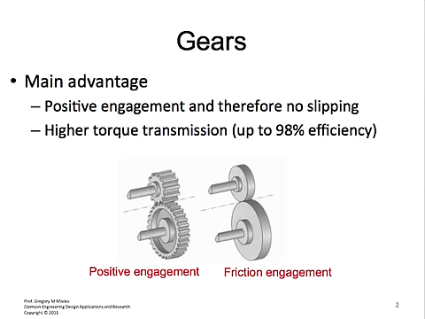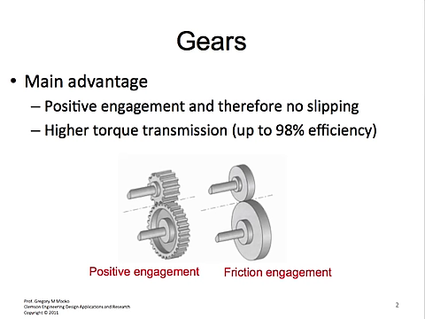That's why we have teeth. Certainly the kinematics of a gear are the same or similar to the kinematics of two cylinders rolling on each other without slipping.